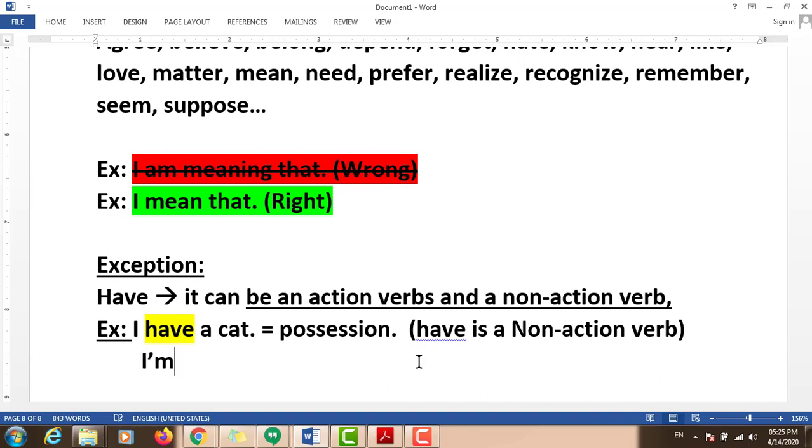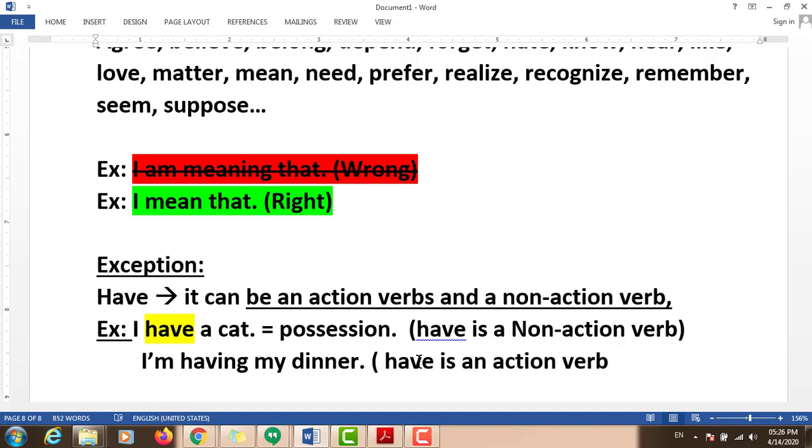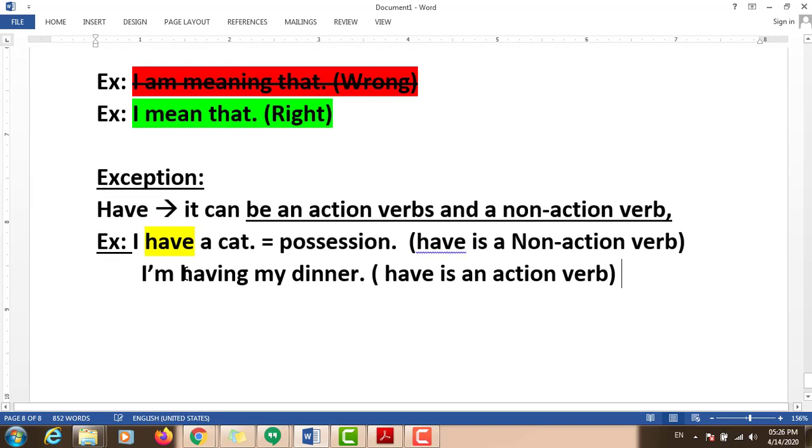And action verbs are usually used in what? Yes, present continuous. I'm having my dinner. Okay, here have is an action verb. Have here is used as an action verb. All right, so let me give you another example.